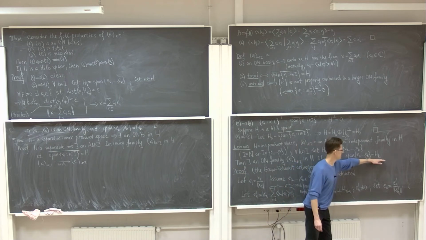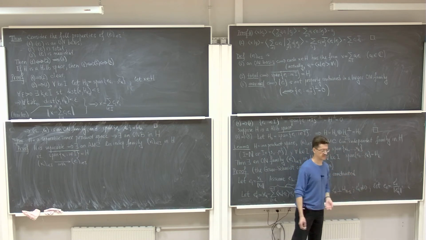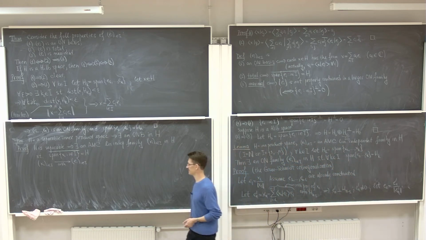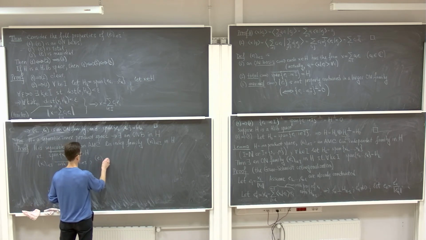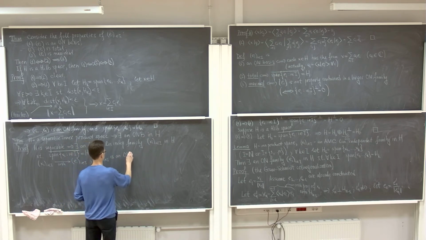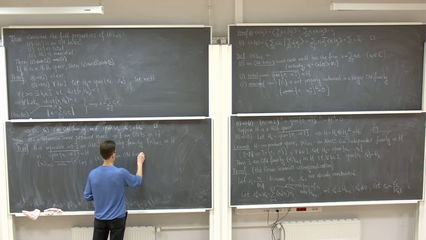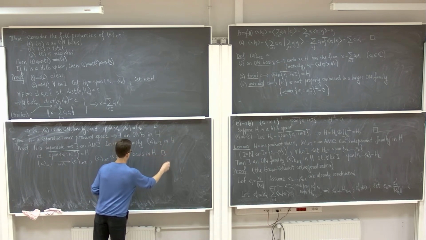This condition here obviously implies that the linear span of all elements Ei is equal to the linear span of all elements Xi, which is dense in H. So Ei is total, or equivalently, it is an orthonormal basis. And that's it.